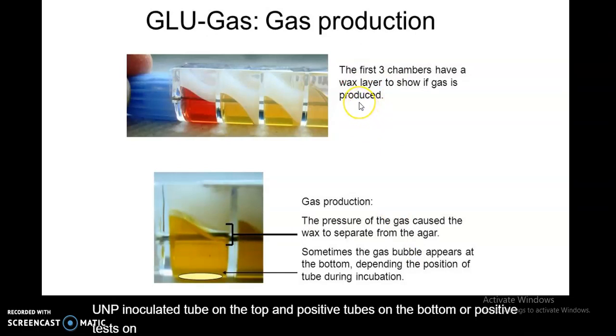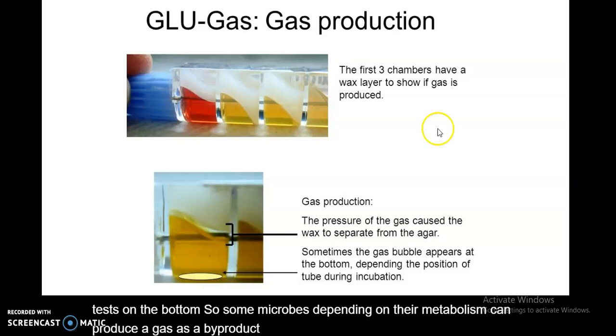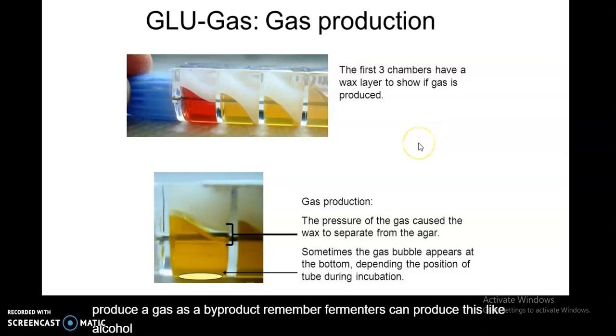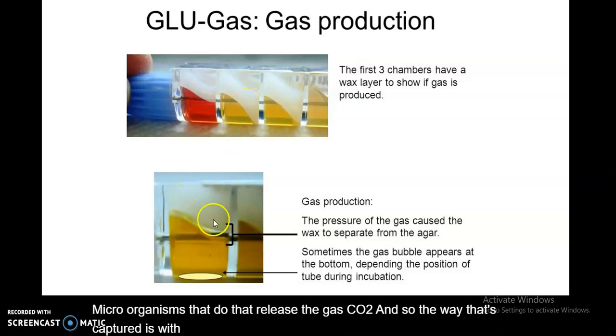So some microbes, depending on their metabolism, can produce a gas as a byproduct. Remember, fermenters can produce this, like alcohol fermentation, and microorganisms that do that release the gas CO2. And so the way that's captured is with a waxy substance that's placed over top of the agar portion of the chamber.